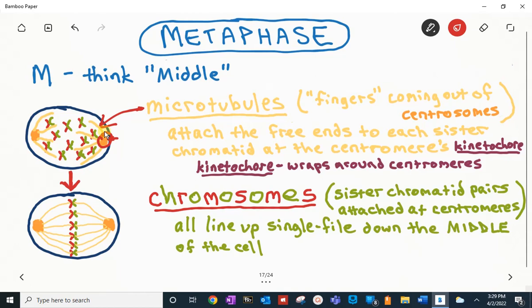One end of the microtubule is coming out of the centrosome, but its free end ends up attaching itself right at where the pair of chromosomes stick together at the centromere. So on either side, you're going to have a microtubule sticking to that centromere area on one of the pair of chromosomes. And that goes for every single chromosome in there.